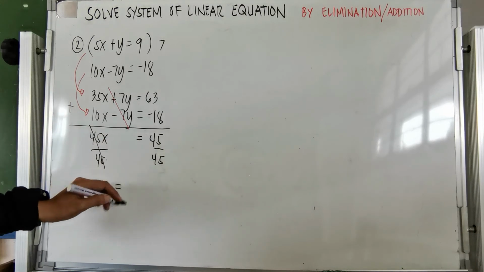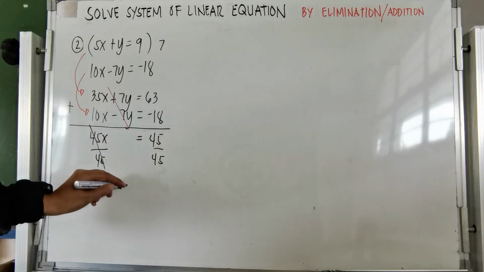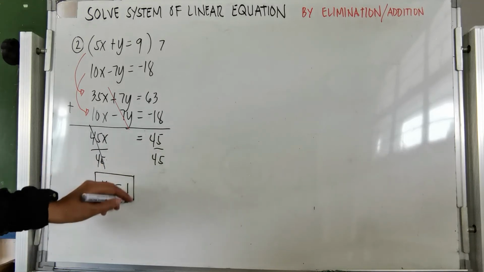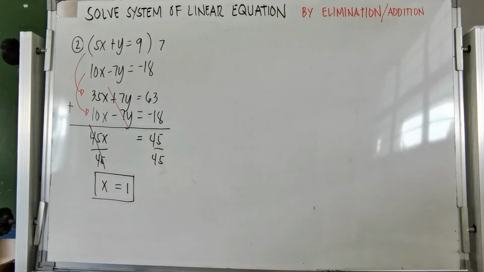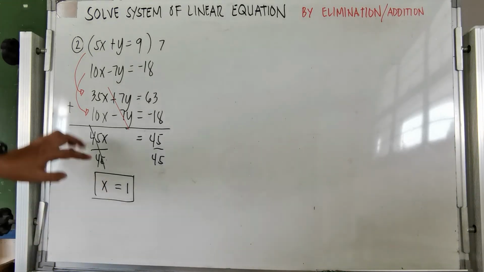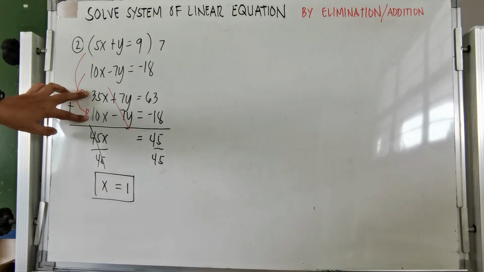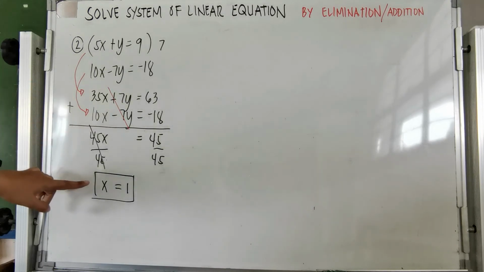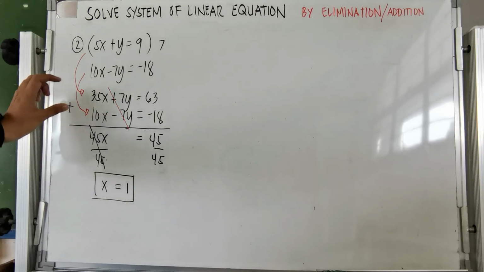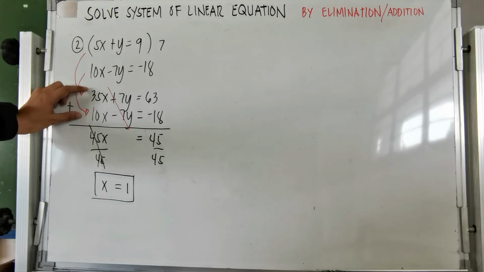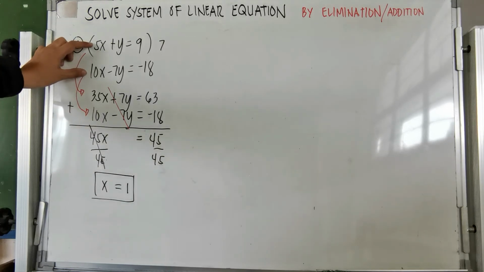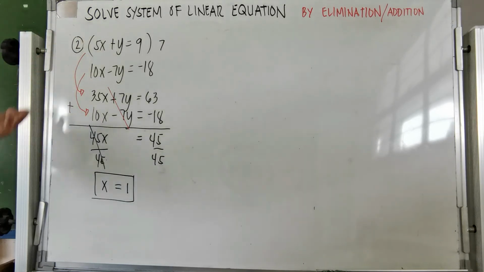So, the value of x will be 45 divided by 45 is 1. So, ngayon, meron na tayong value for the first variable. Next step is to substitute this value to any of the equation na given. Sa pagsasubstitute, pwede nyong gamitin yung equation na binago na natin or yung equation na hindi pa. So, any of the given pwede.